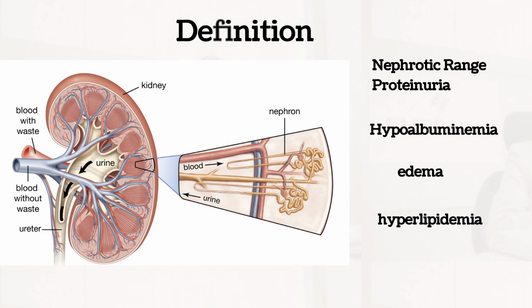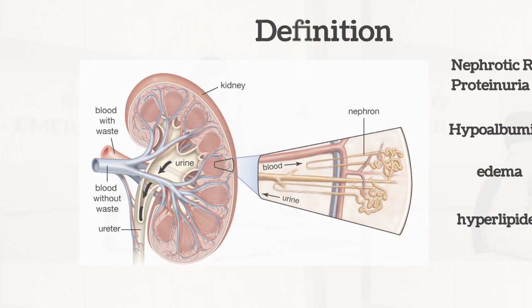Then the hypoalbuminemia, specifically, you can say a serum albumin of less than 25 grams per liter or 2.5 grams per deciliter. Then we go to the causes or the etiology.